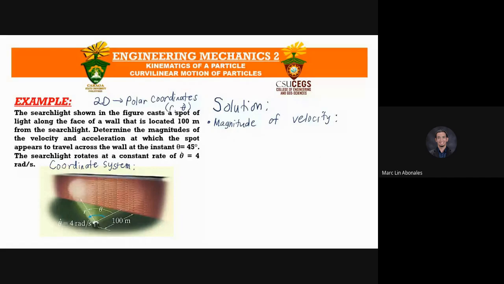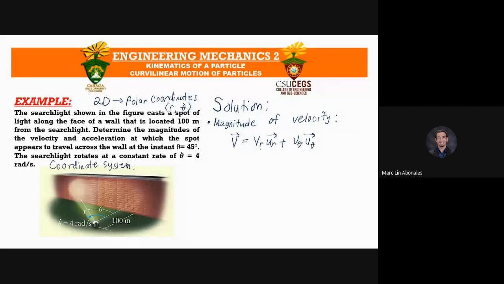When we determine the magnitude of velocity, from the definition of the velocity itself, the vector form of velocity is equal to its radial component, so that is VR times the unit vector UR, plus its transverse component, or the V theta times the unit vector U theta.